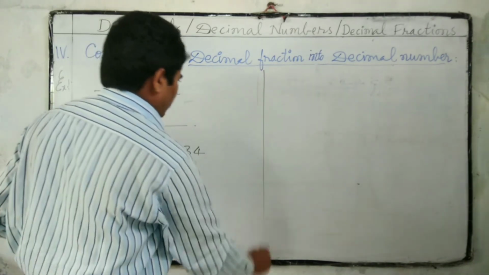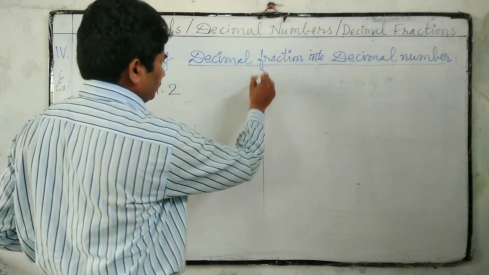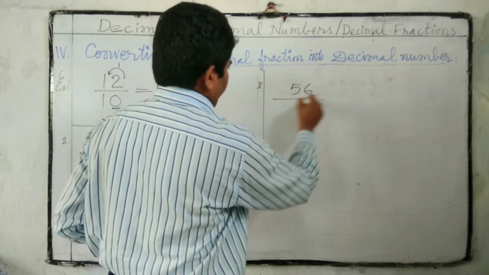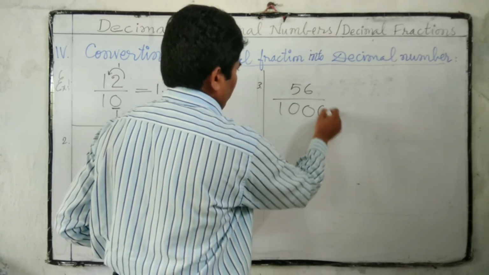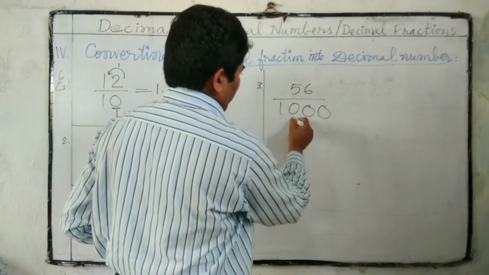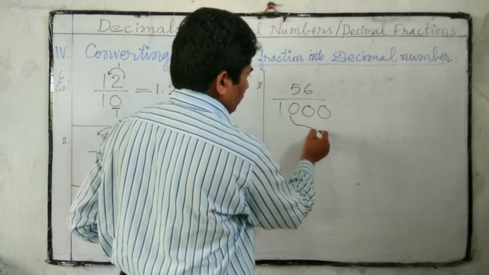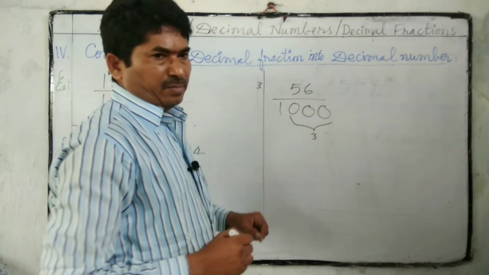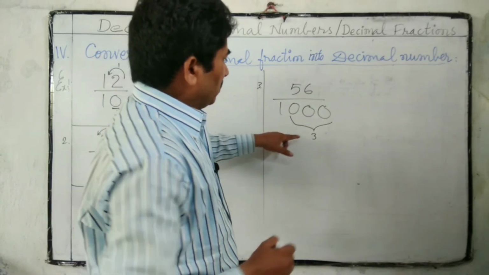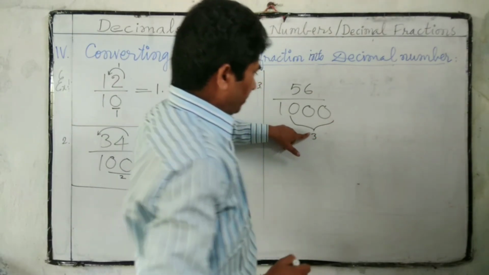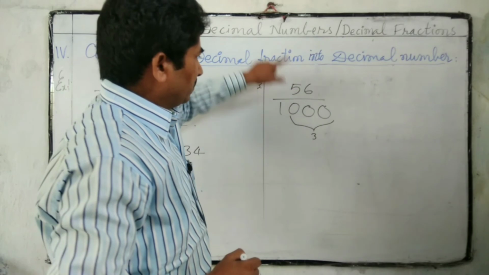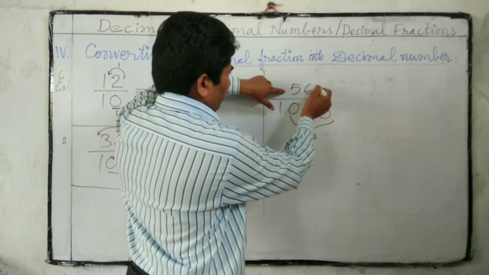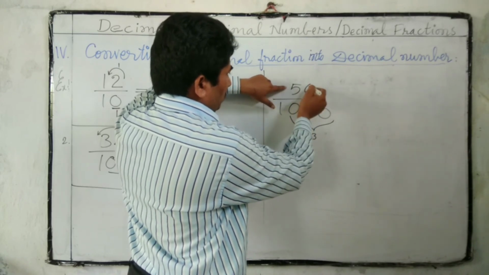One more example. 56 by 1000. Here we have 3 zeros after 1 in the denominator. Those many places we have to keep in that decimal number. That's why we have to count 1, 2.